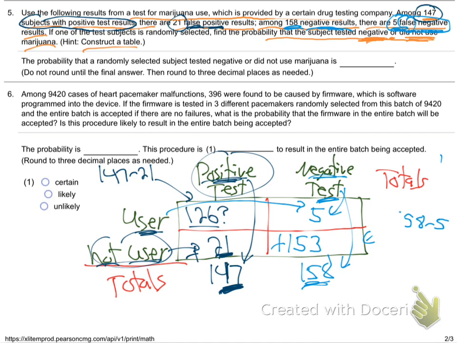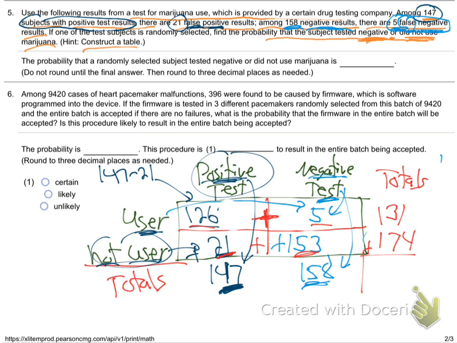So if I get the totals over here, 126, I'm going to add sideways, and this will be 131, right? I just added 126 and 5. Then add these two. 21 and 153 is 174.